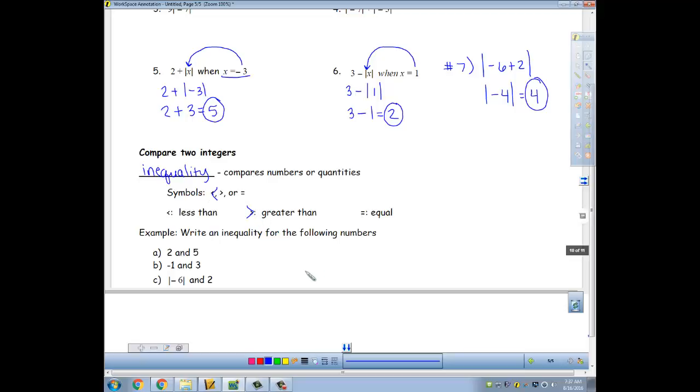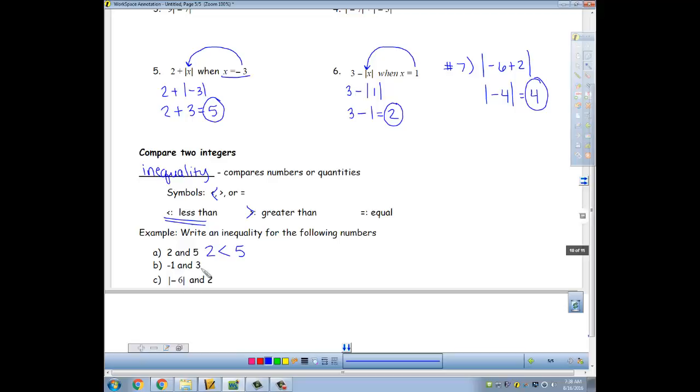We already know what equal means, so we're just learning less than and greater than. So I need to write a symbol for these two numbers. I need to think, is 2 less than 5, 2 greater than 5, or 2 equal to 5? Well, 2 is obviously less than 5, so I'm going to put the less than symbol. Math people don't like to write everything out, so we come up with symbols for things. So this tells me 2 is less than 5.